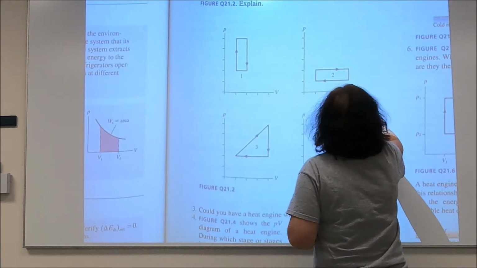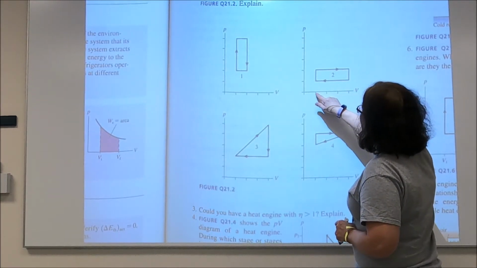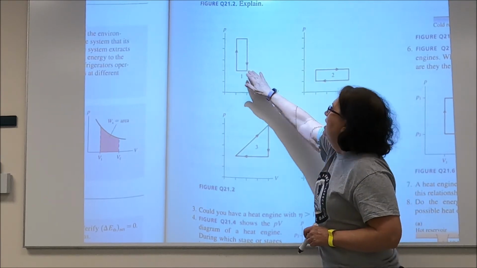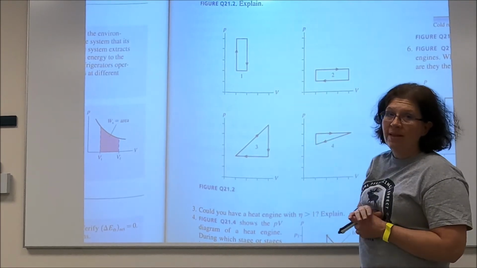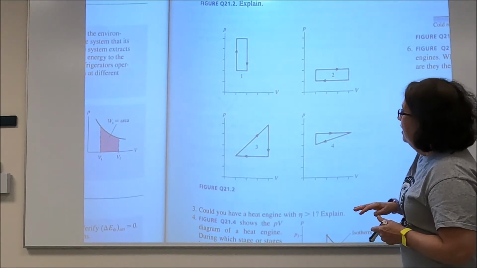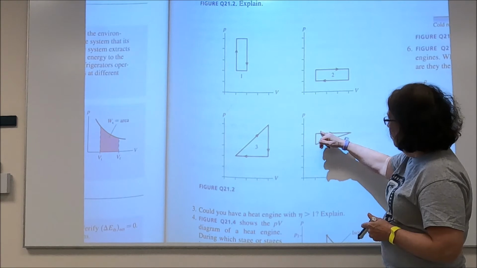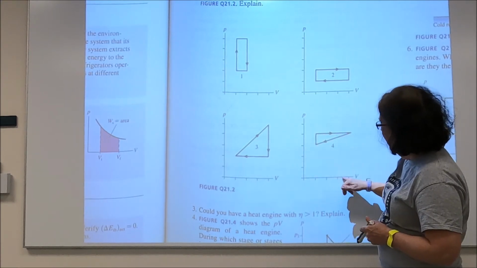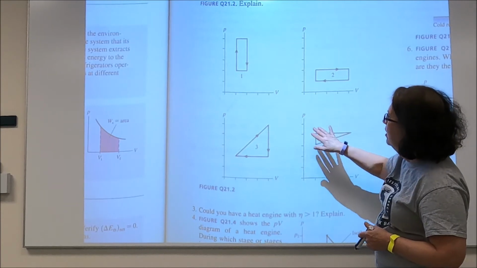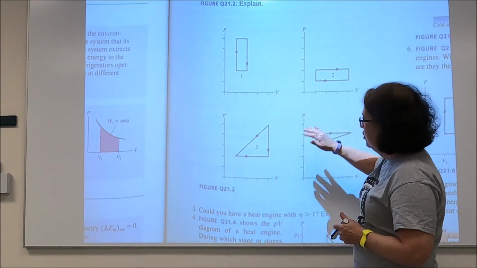The area here is 1, 2, 3 by 1, 3 here. So these two cycles are going to give me the same amount of energy out. If I look here, I've got 1 half of 1 by 3, so this one's half of that. So 4 is less than 1, which is equal to 2.